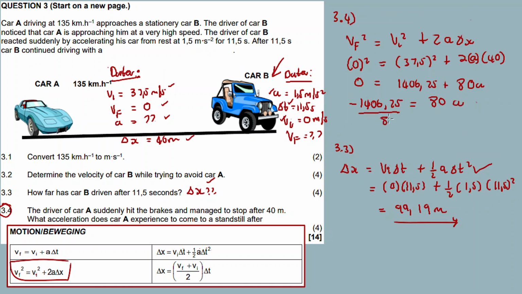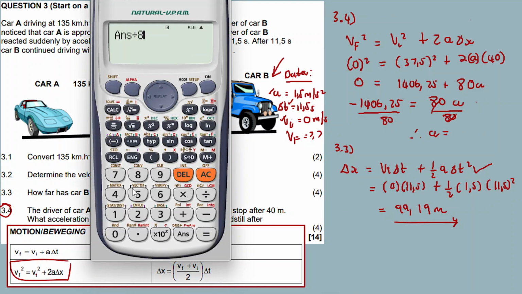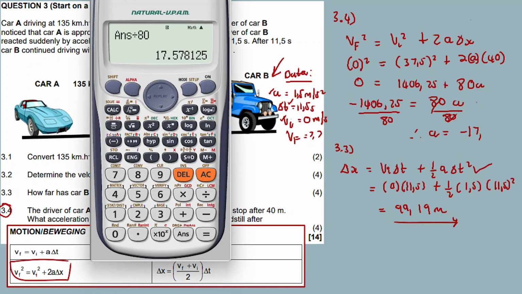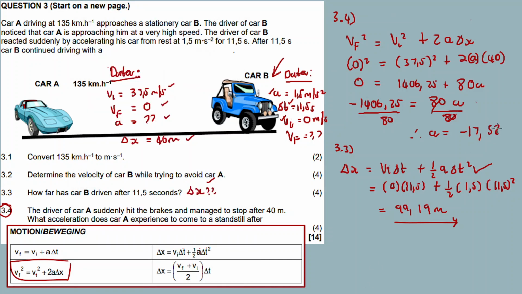Let's divide both sides by 80, therefore a will be equal to 1406.25 divided by 80, and the answer should be negative 17.58 meters per second squared.